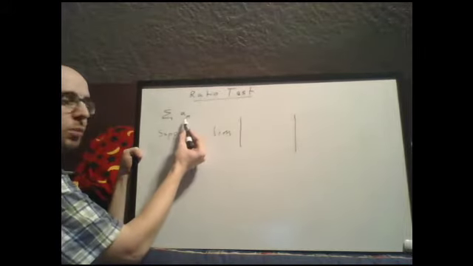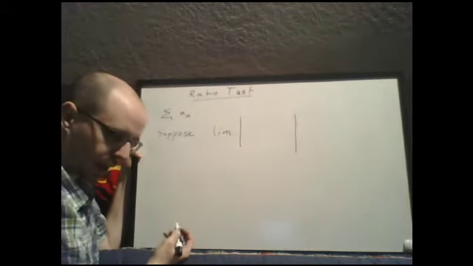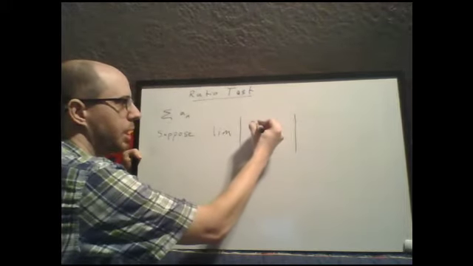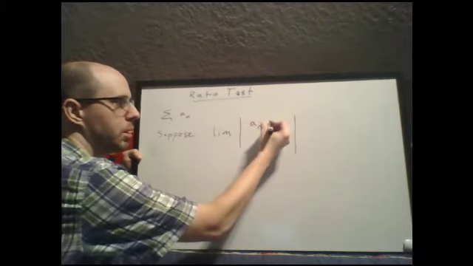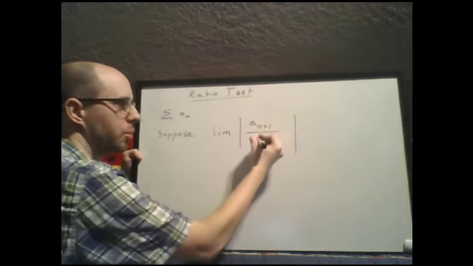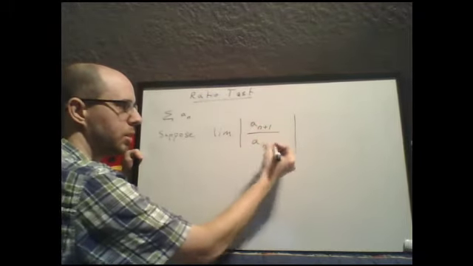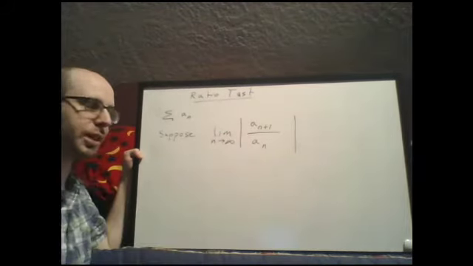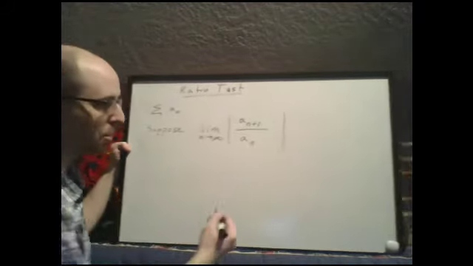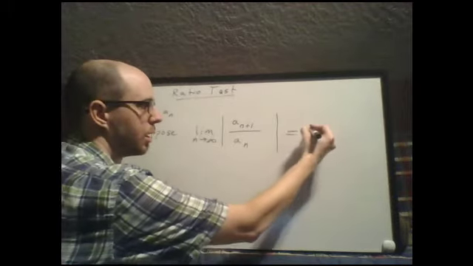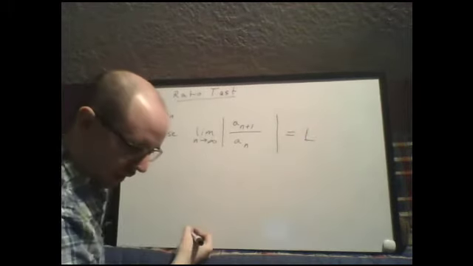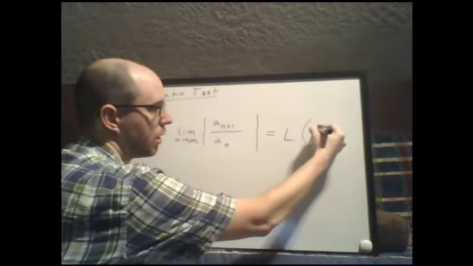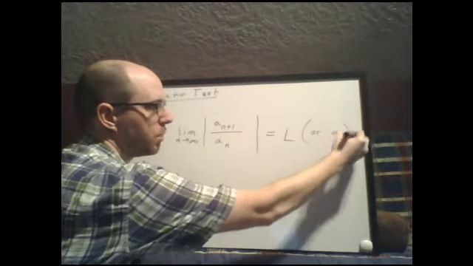What it is we take the term an and we do a ratio. The an plus 1 term, and we divide that by the an term. And we take the limit of this ratio as n approaches infinity, and suppose it equals L. And here L could be infinite.